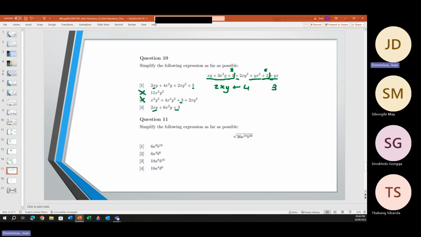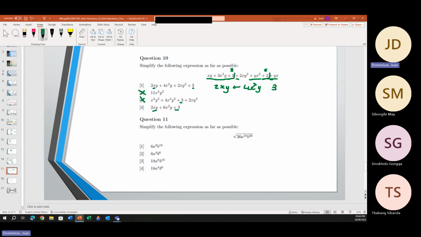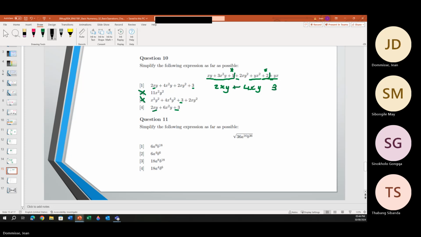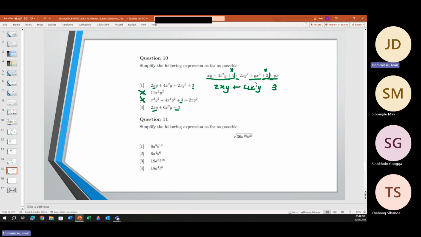So 4x to the power of 2y. Great, there we have it.